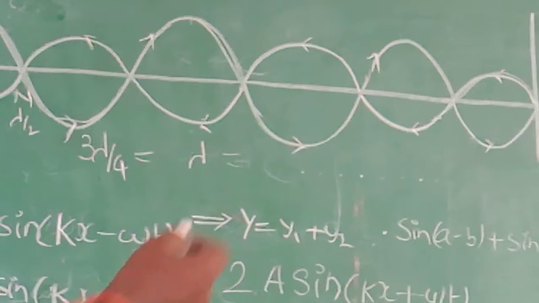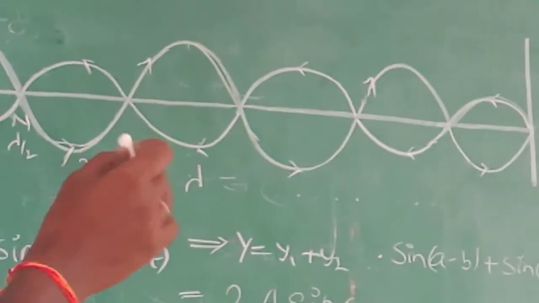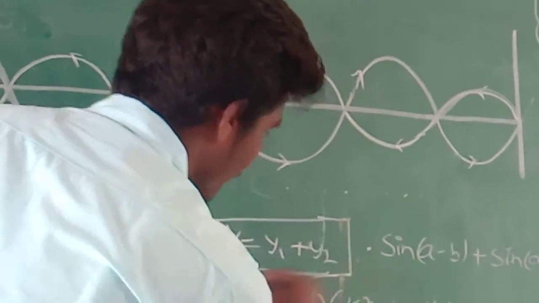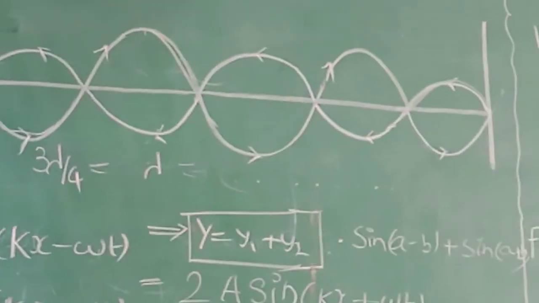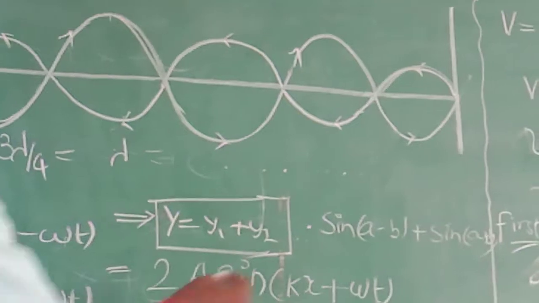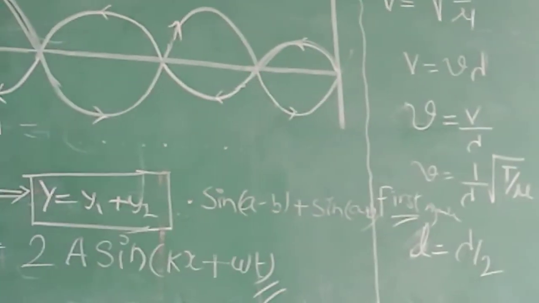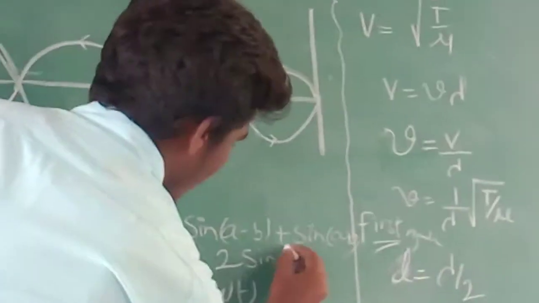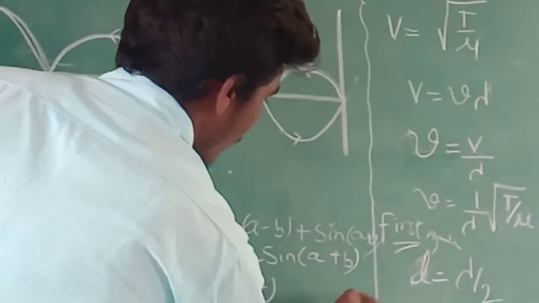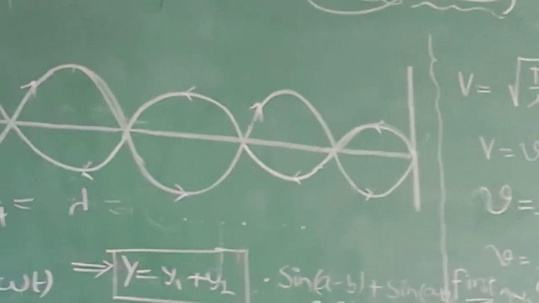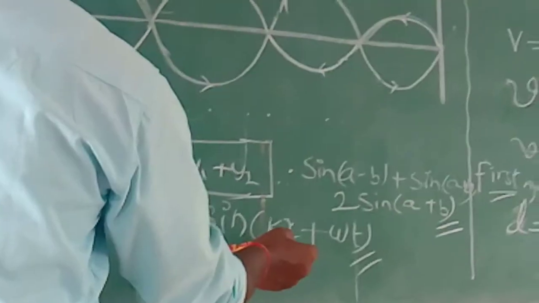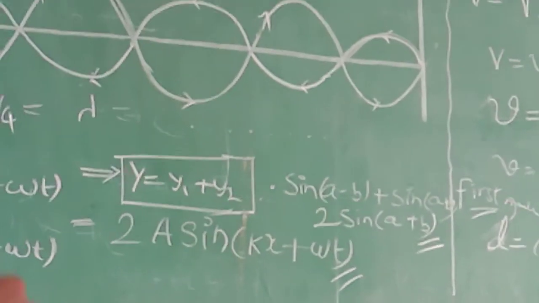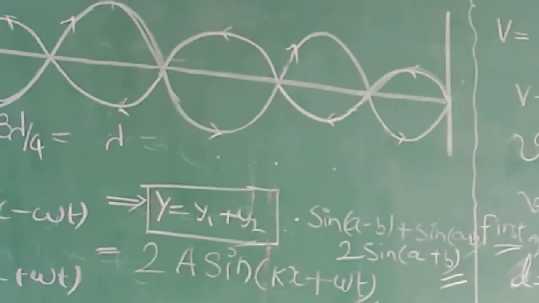According to the superposition theorem, y equals y1 plus y2. Using the formula for sin A plus sin B, we get y equal to 2a sin kx cos omega t. This equation represents the resultant displacement of the stationary wave.